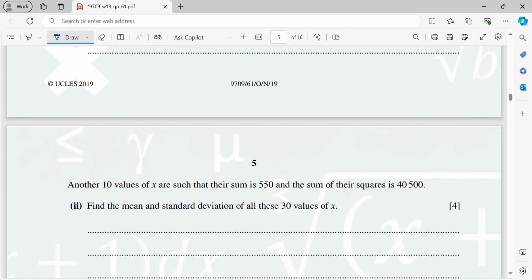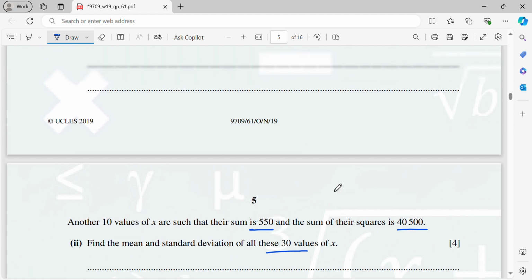Another 10 values of x are such that their sum is 550 and their sum of squares is 40,500. Now find the mean and standard deviation of all 30 values.